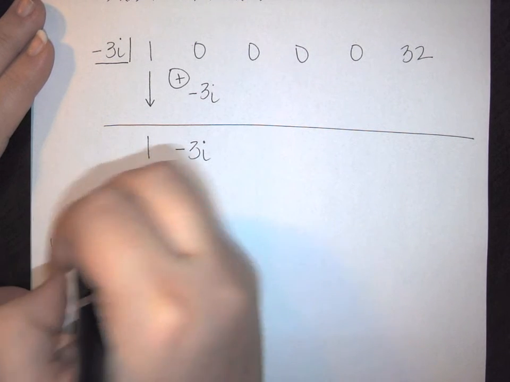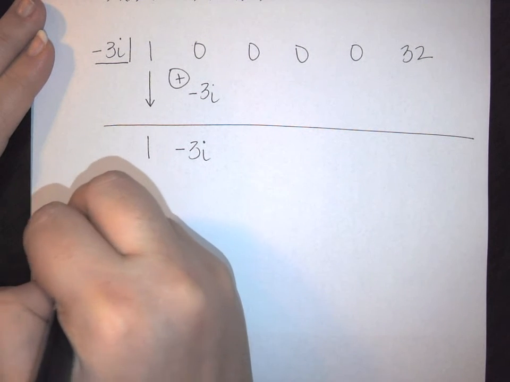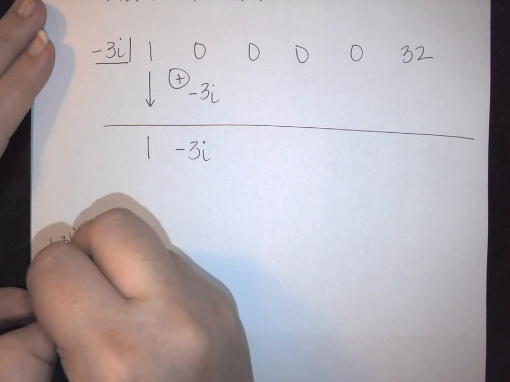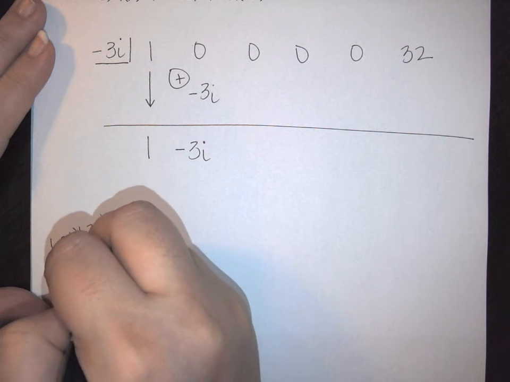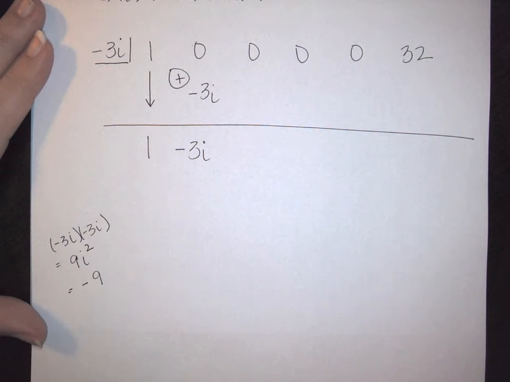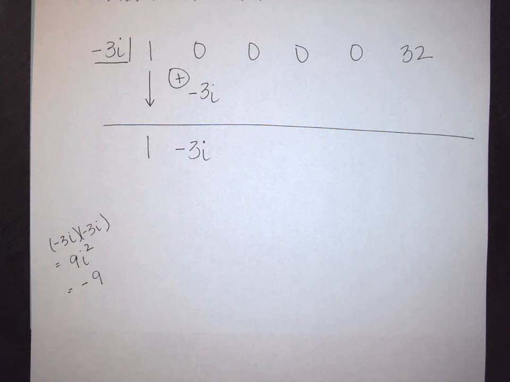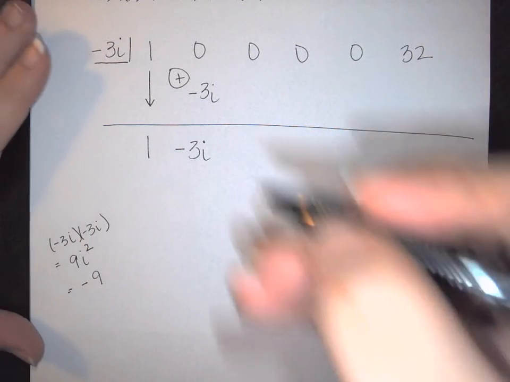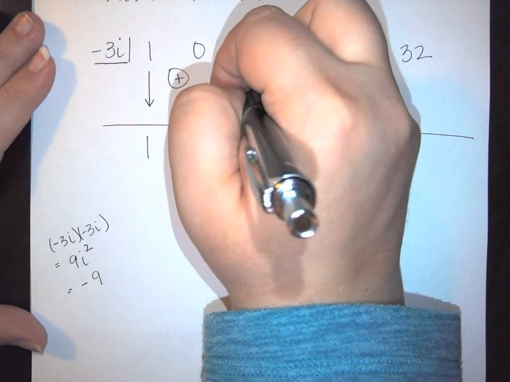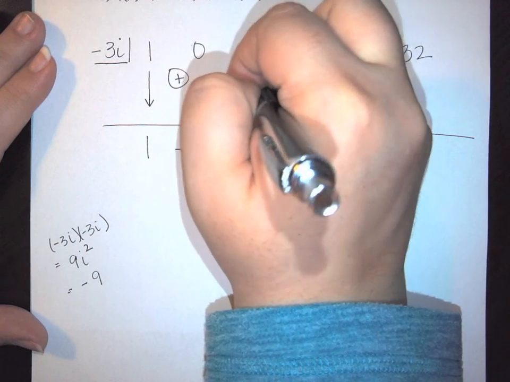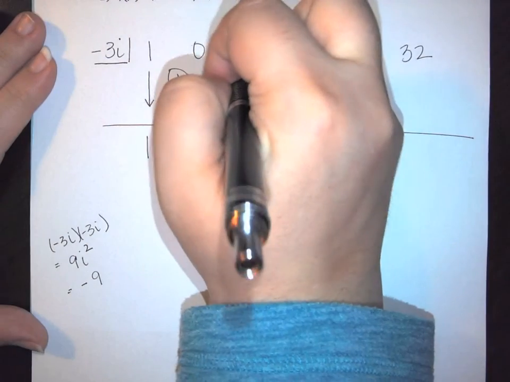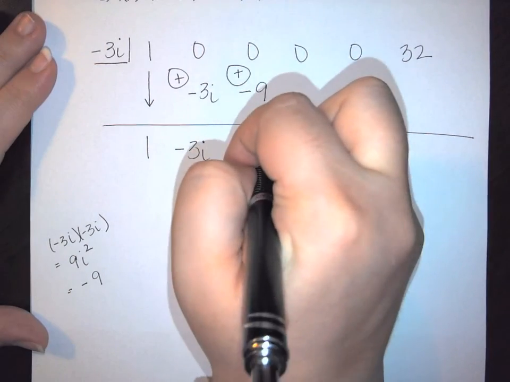This is going to be 9i squared, which is going to give me a -9. Keep in mind you have to use your complex imaginary number rules when working these problems out. So this becomes negative 9. We add these together, gives us a negative 9.